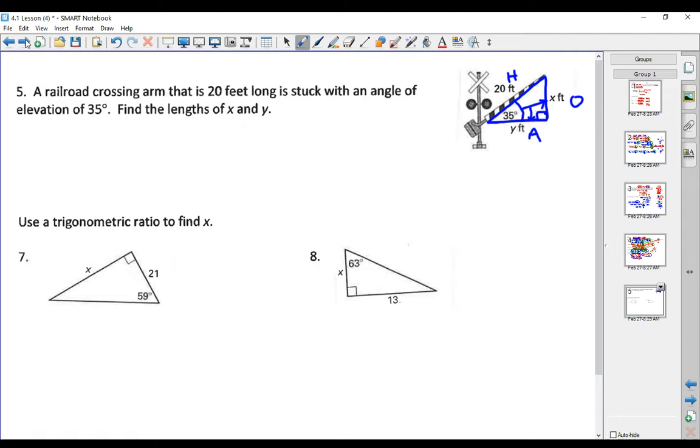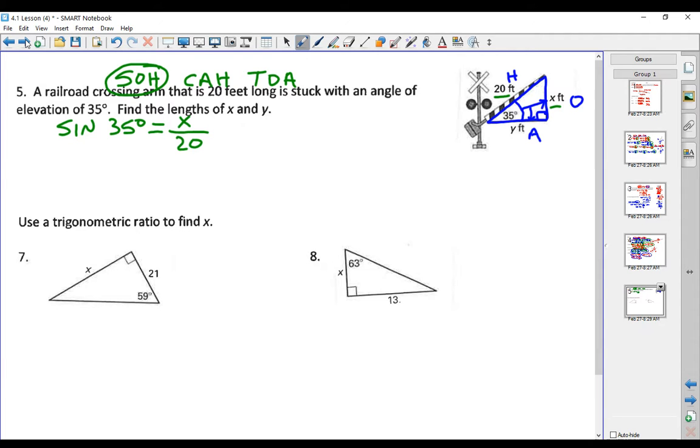All right, if I want to find X, notice that X is the opposite side, and the only other side of the triangle that I know is the hypotenuse. Opposite and hypotenuse, if you look at SOHCAHTOA, make up the sine. So we want to do the sine of 35 degrees is equal to the opposite, which is X, over the hypotenuse, which is 20.